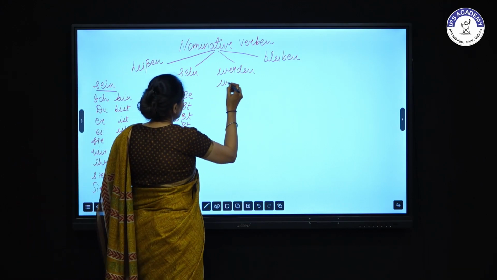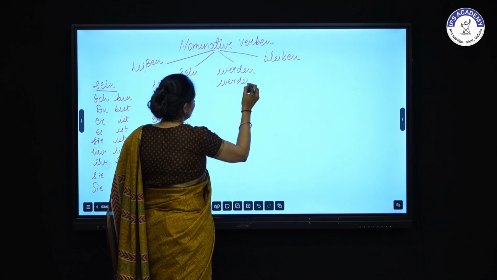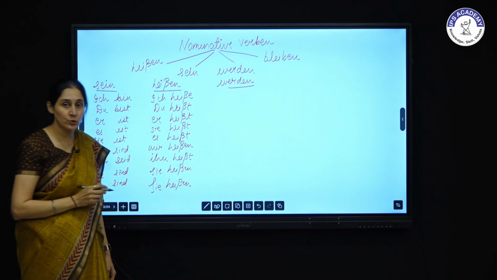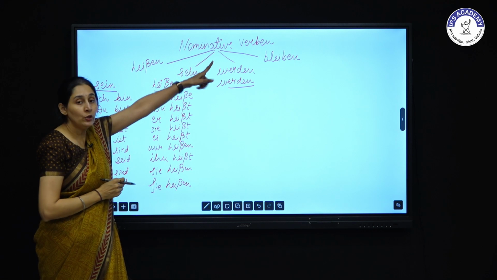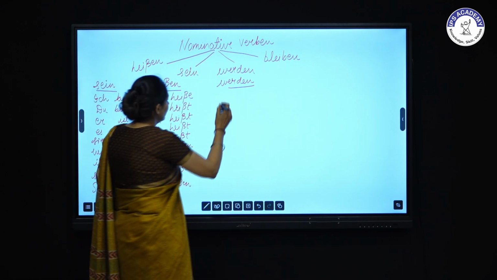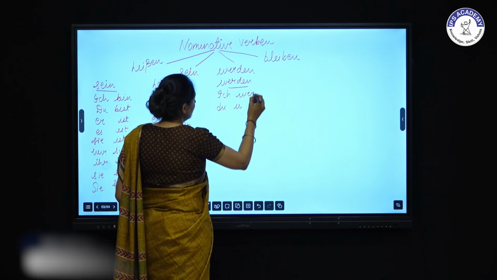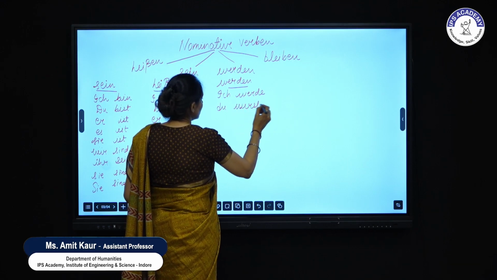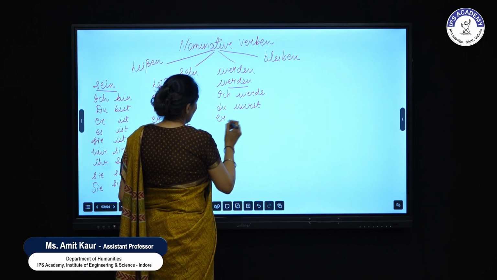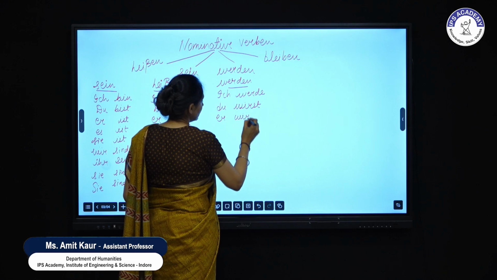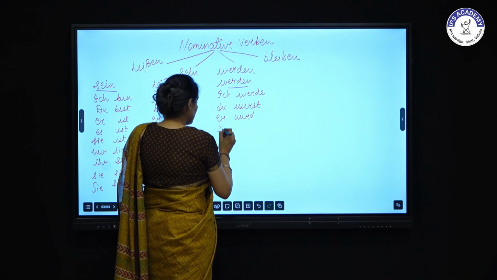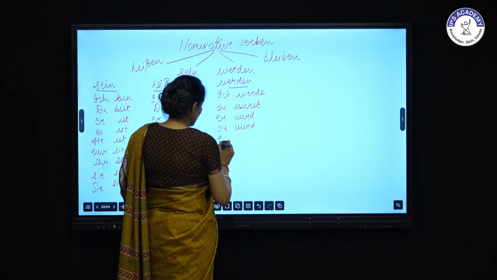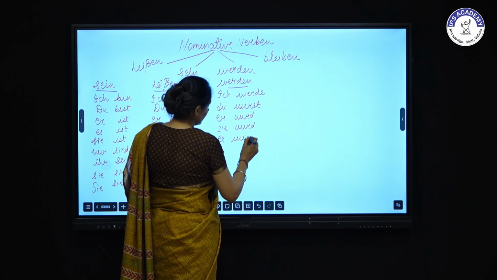For werden, that is to become, we are also going to see some sentences related to it with the nominative. So, ich werde, du wirst, er wird, sie wird, es wird.